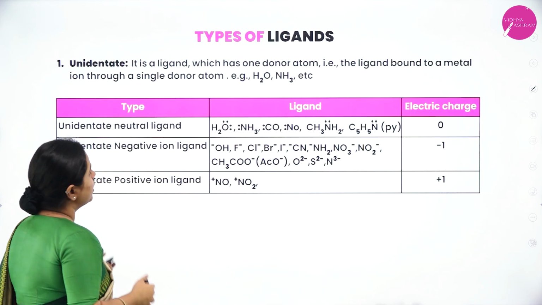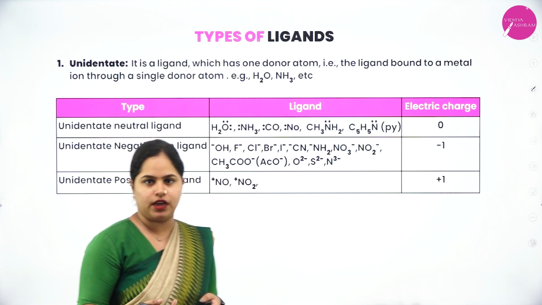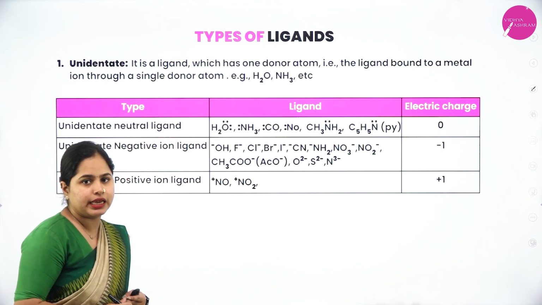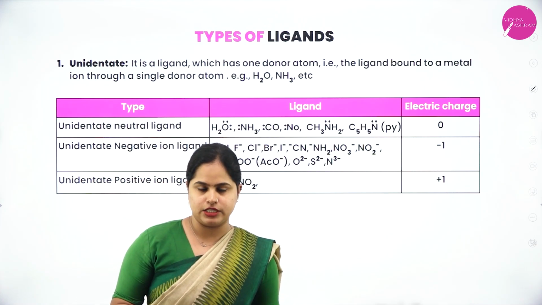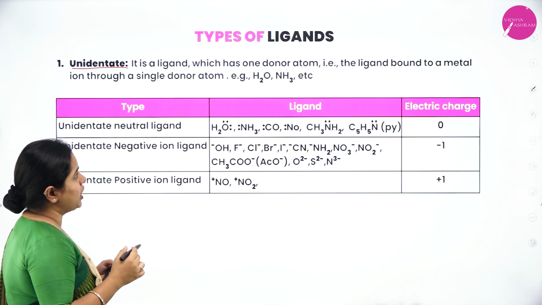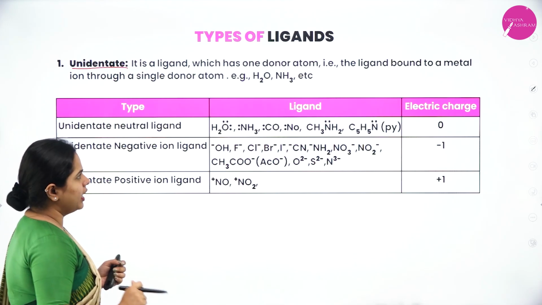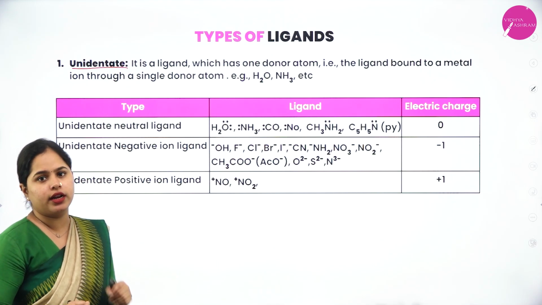Moving on to the next one, that is different types of ligands. There are different types of ligands that we have to study. There are unidentate ligands, bidentate or didentate ligands, and polydentate ligands also. So let's see the unidentate ligand. It is a ligand which has one donor atom, that is, the ligand is bound to a metal ion through a single donor atom.